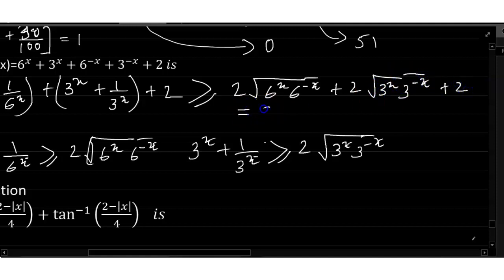So this value is 2 plus 2 plus 2 equals 6. So the minimum equals 6.